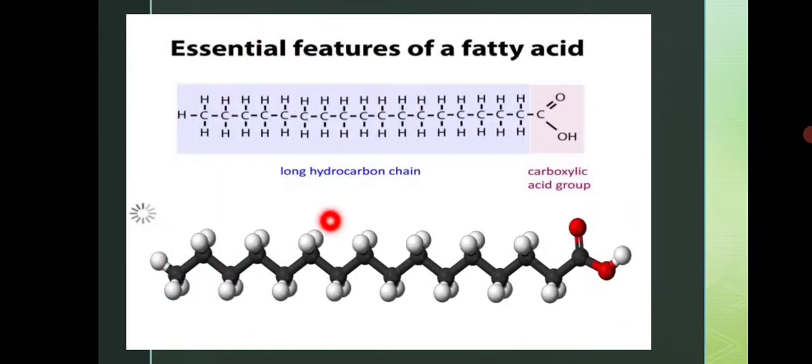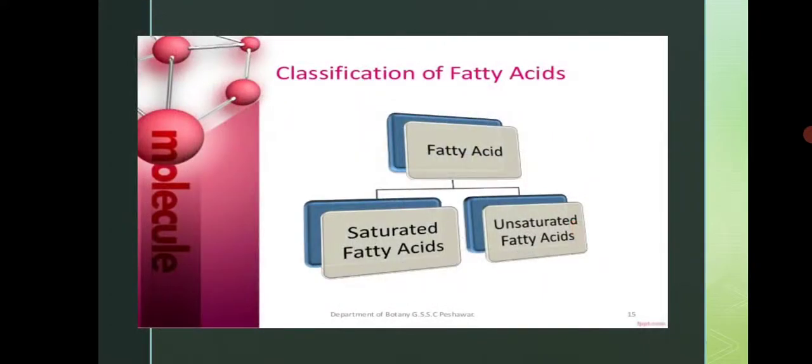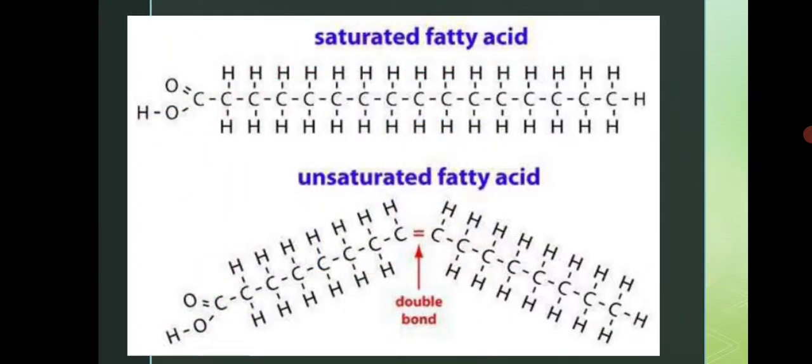Okay, so this is the structure of general fatty acid which contains carbon, hydrogen, and carboxyl group is there, COOH group is there. Okay, so that is the structure of fatty acid. If we will see the classification of fatty acid, सिर्फ classification fatty acid का, it is divided into two, saturated fatty acid and unsaturated fatty acids. What is the difference between these two?